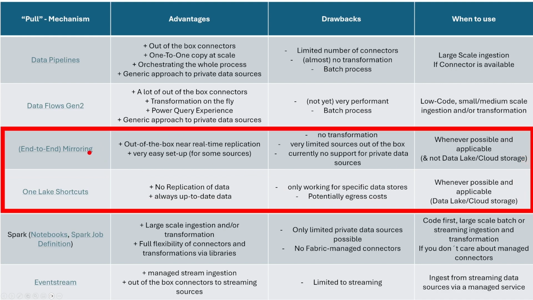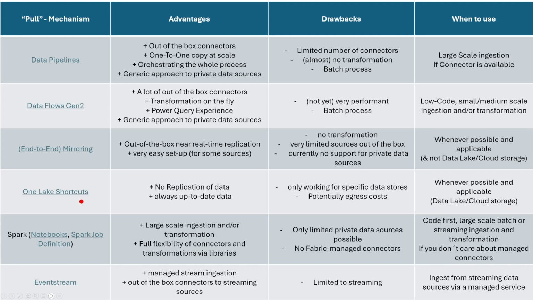Look into whether the data source you want to onboard is one of the supported data sources for end-to-end mirroring, and if you don't face those limitations, that could be a very, very efficient way to onboard the data, and especially also OneLake shortcuts. If you have a data lake or cloud storage you want to onboard, OneLake shortcuts would be, from my personal perspective, a very efficient way to bring this data in.